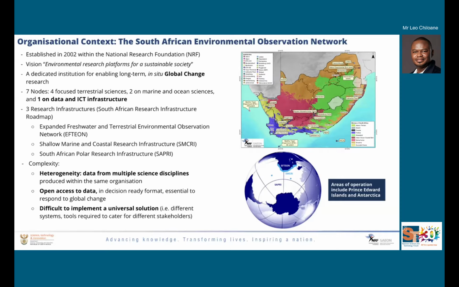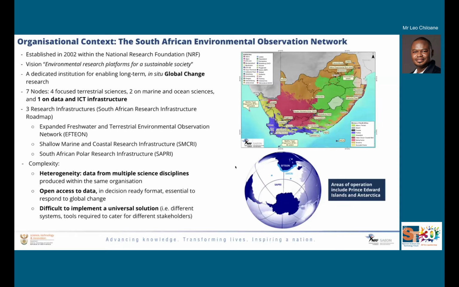As you can see with the map, this shows the strategic sites where SAEON operates across the biomes in South Africa. But we also have operations offshore, as mentioned. So our observations go all the way to Antarctica and include Prince Edward Islands.